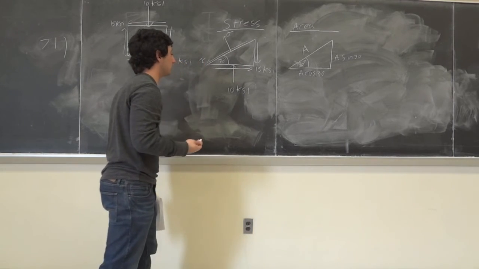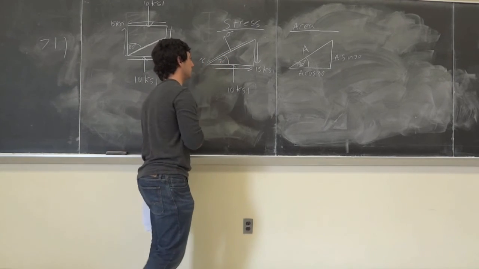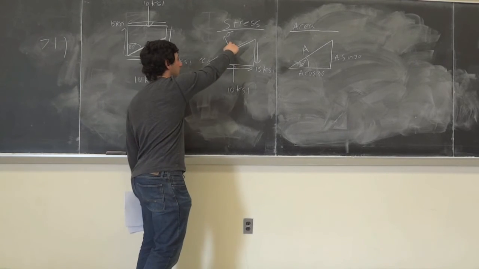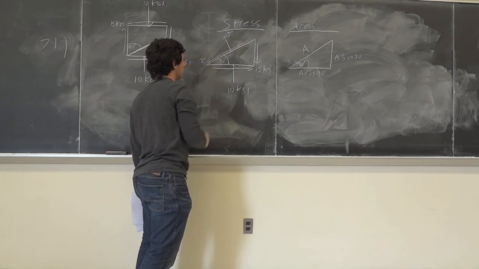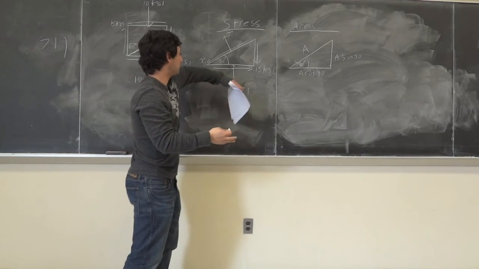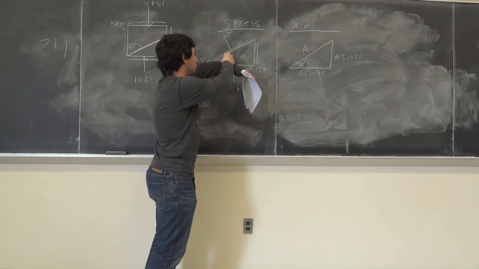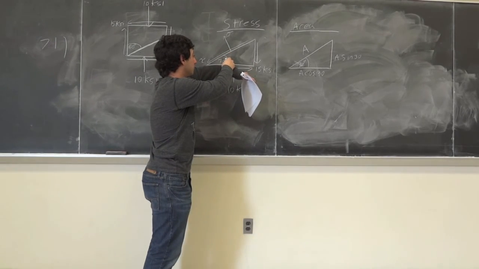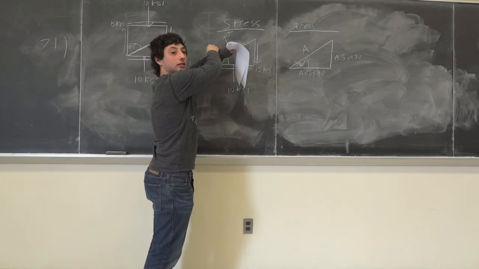So we need to know the angle. They give you this angle over here, it's 30. So we need to know this angle and this angle over here. How are we going to find that angle? Let's think about this. If this was flat, sigma would be straight up, right? If we're inclining it 30 degrees, you see that?